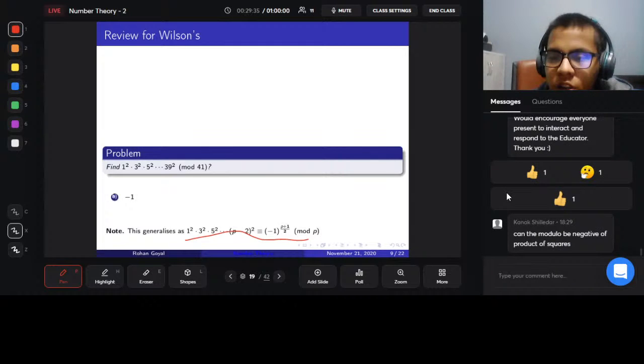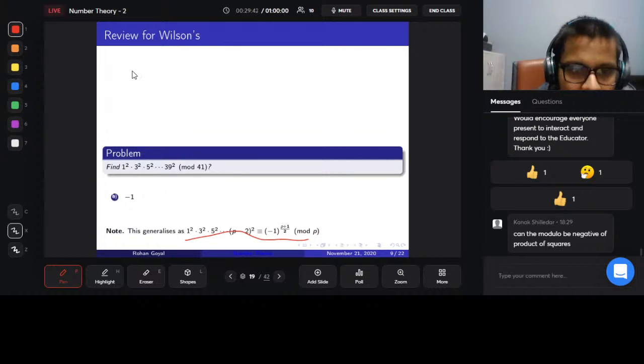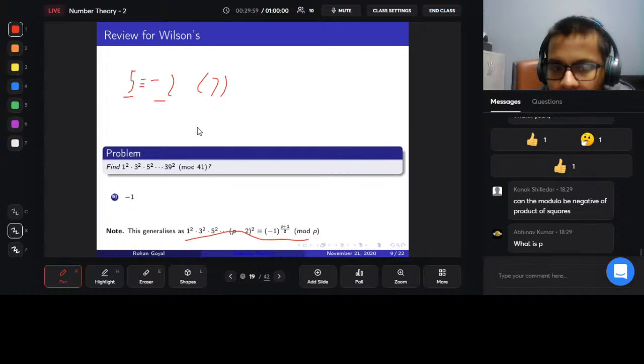Okay, see, the modulus does not care if the number is equal. See, if the number is 5, I can say that it's congruent to minus 2 mod 7. Minus 2 is not equal to 5 in general, but this just means that 5 plus 2 is divisible by 7. p is any prime.